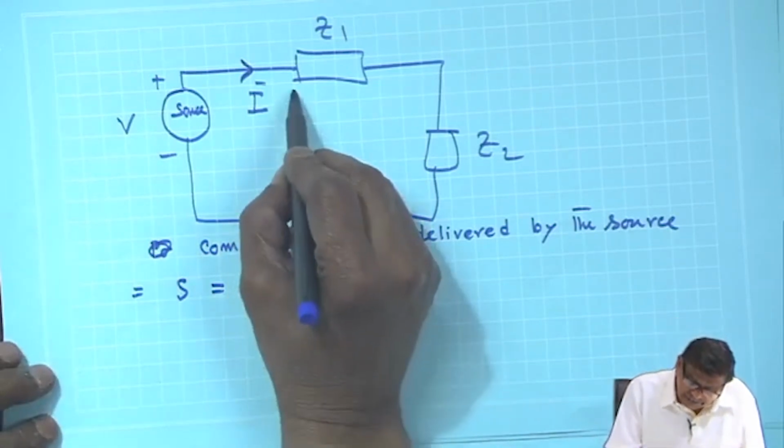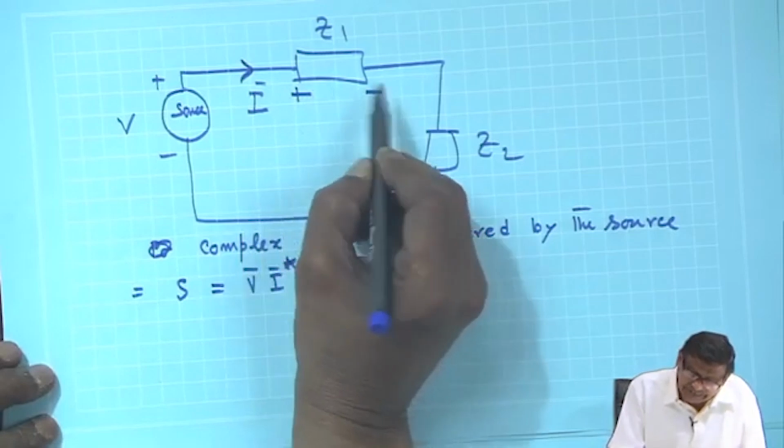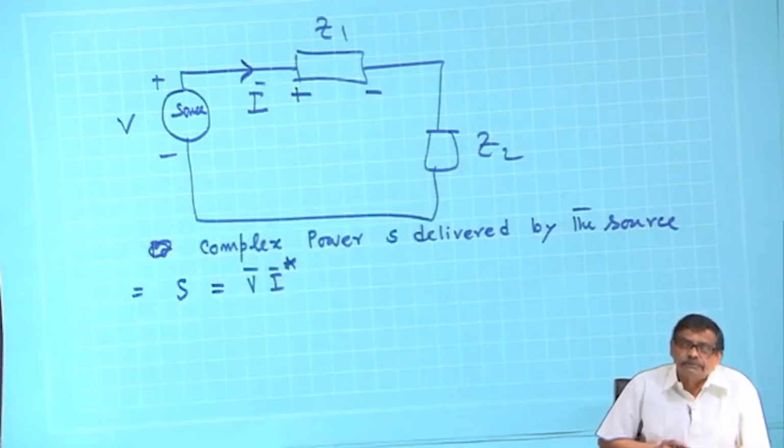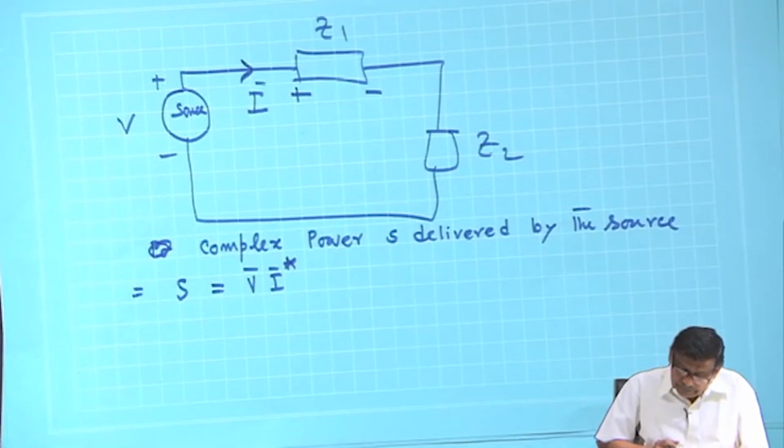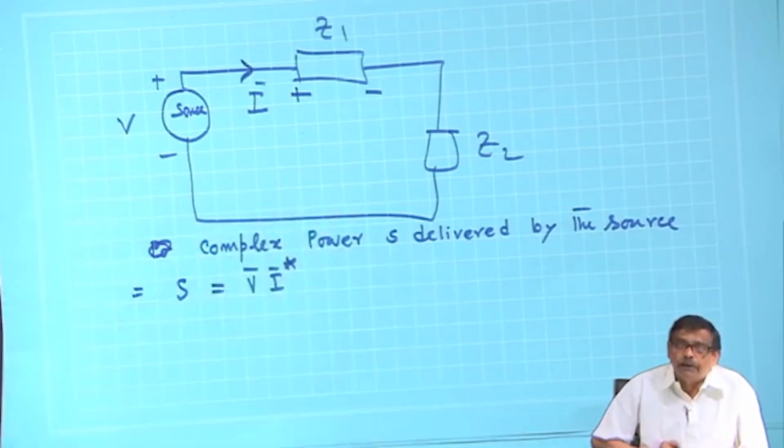Similarly, what is Z1 doing? Is it delivering power or absorbing power?